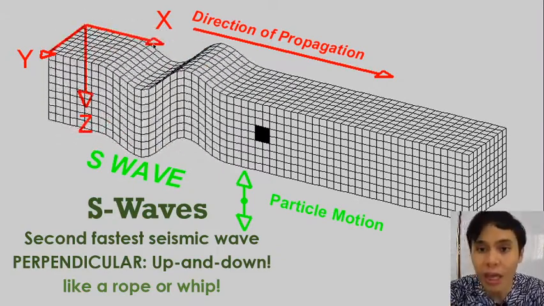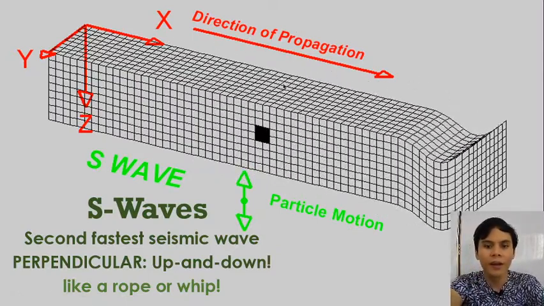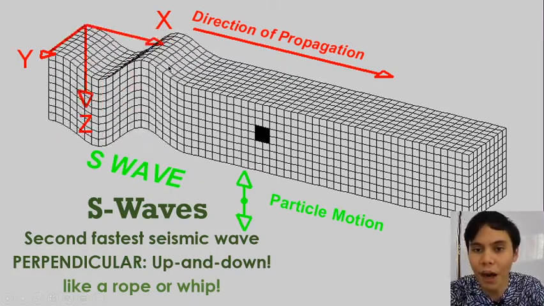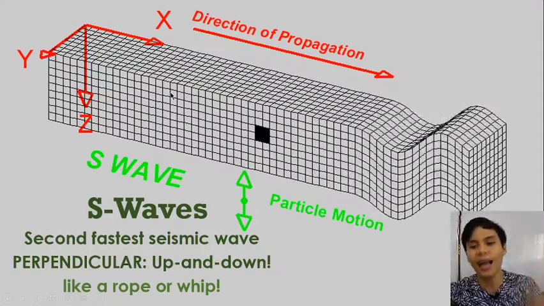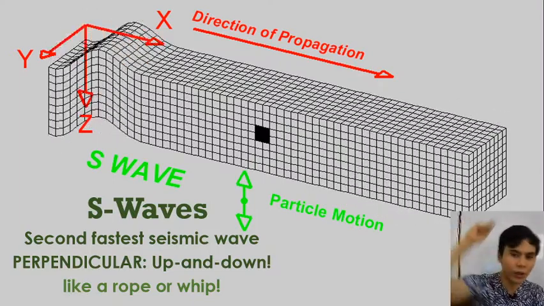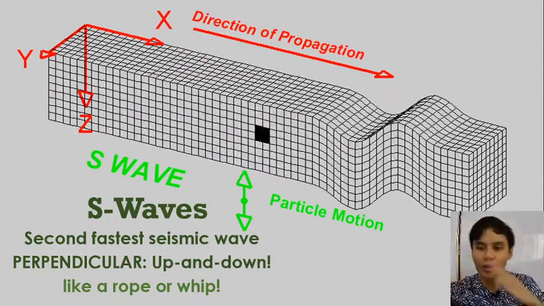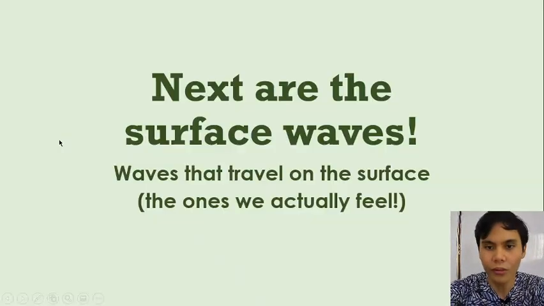If the wave is moving towards this direction, follow my cursor, the perpendicular movement of the ground or the matter will be up and down. So it's at a 90-degree angle with how the wave is actually moving. It's like a rope or a whip. When you whip your rope or your towel, it has an up and down motion that travels in a certain direction. So that's your S wave.